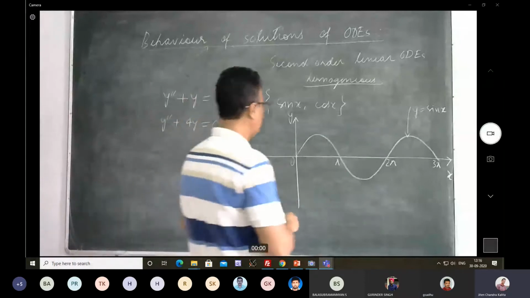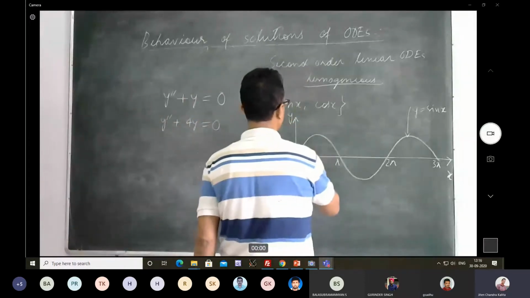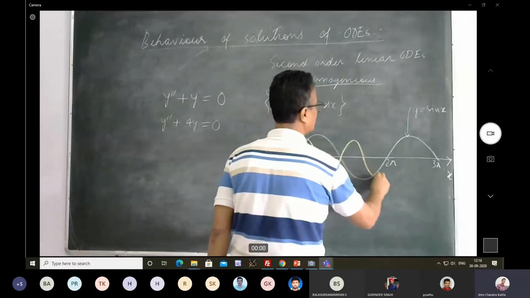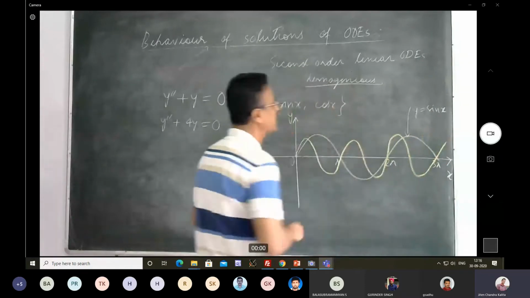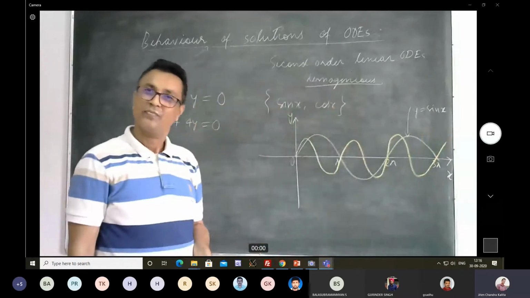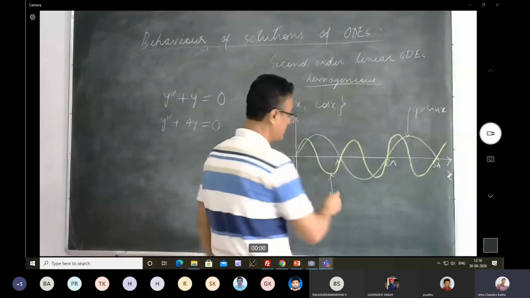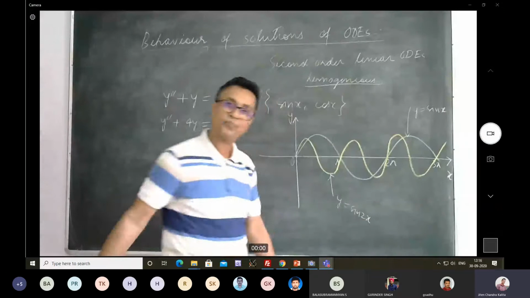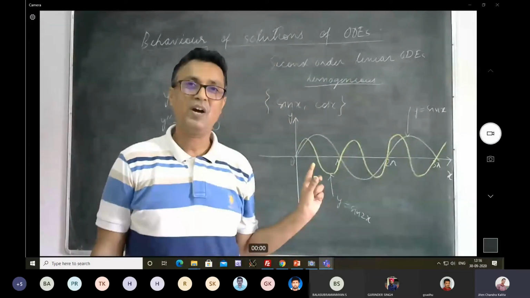If I plot that sin 2x part, my solution will look something like this, isn't it? Is it okay with everybody? So this is y equal to sin 2x. Okay, fine. So far so good, right?